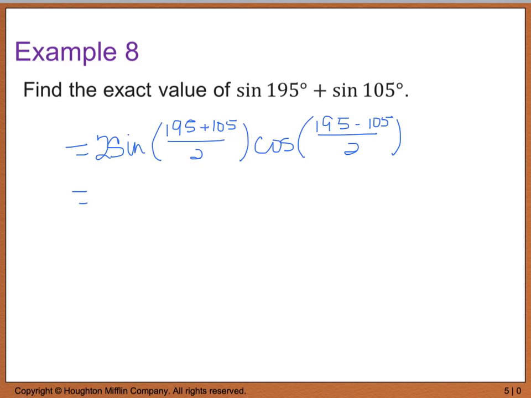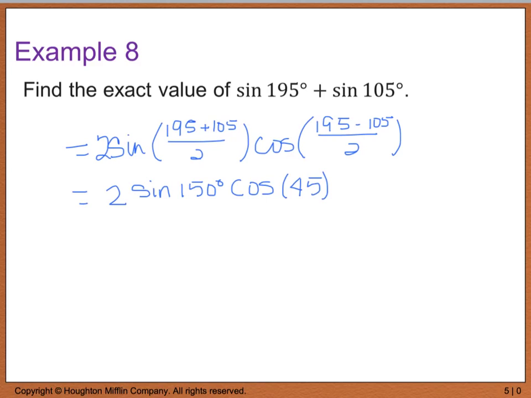So when we simplify this, we have 2 times the sine of 150 degrees times the cosine of 45 degrees.